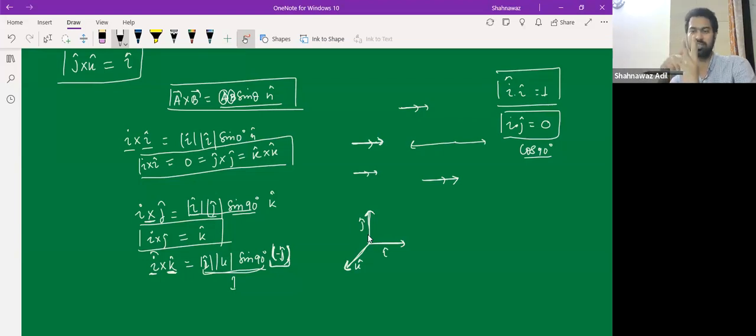So this is J and this is minus J. You see what direction it points out? So minus J. Understood? That is how it is pointing towards this minus J direction. Is that clear, guys? Yes, sir.